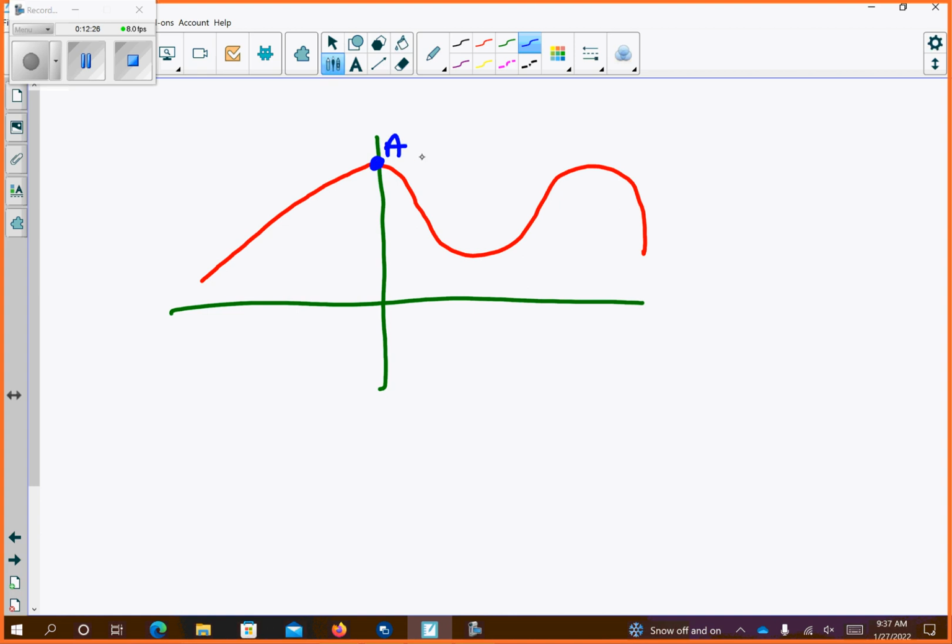So this is point A, point B, point C, point D, and point E. So for problem number 2, letter A, over what intervals from A through D, so we're looking between the points A through D, is the rate of change positive?